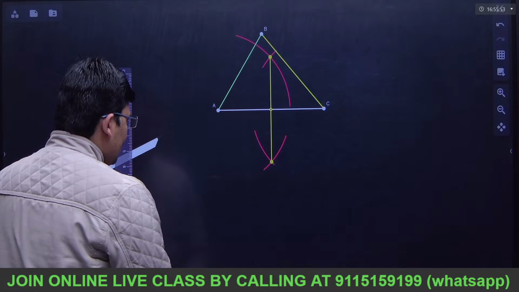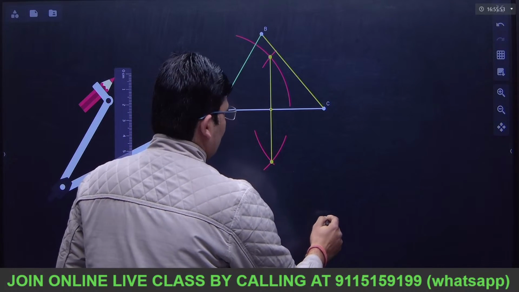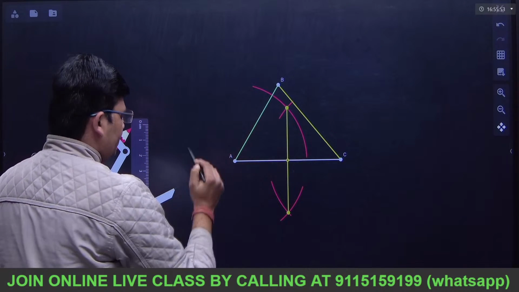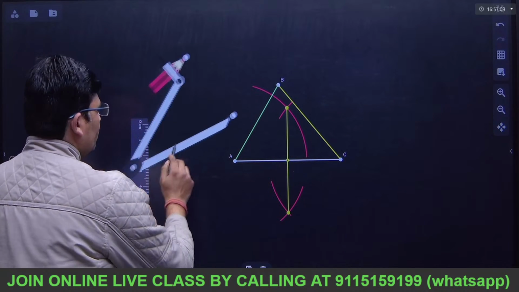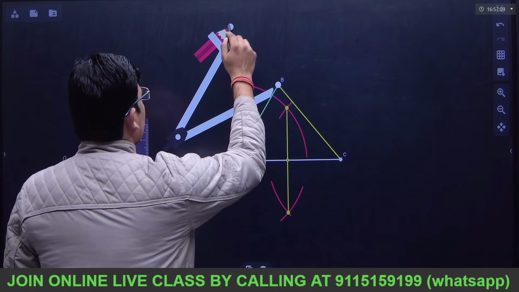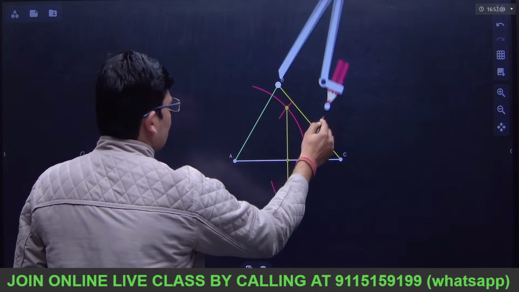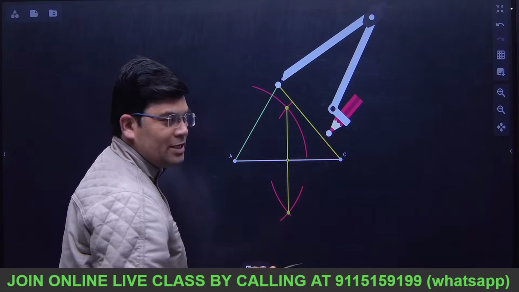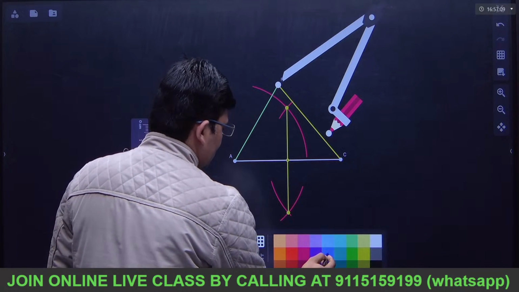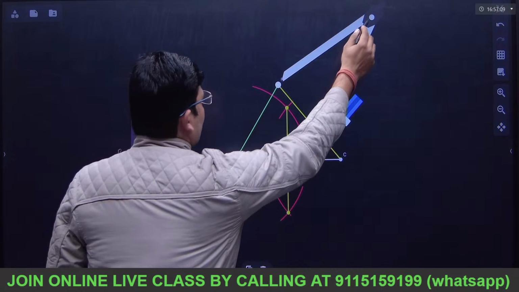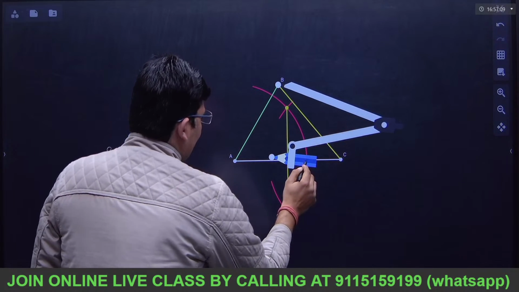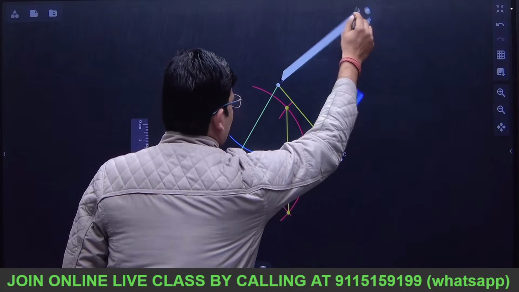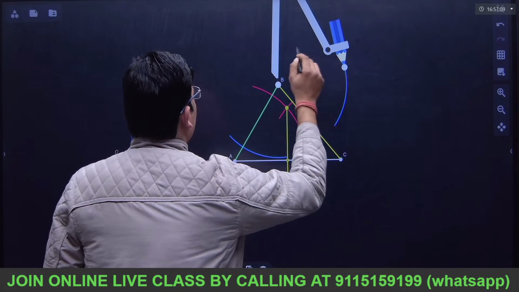Now the same thing has to be done for BC. Let us suppose that I am bisecting BC. So how to do the perpendicular bisector? With the same center as B and radius more than half, we must just estimate the half, and let me again draw 2 more arcs, one below and one above this line.